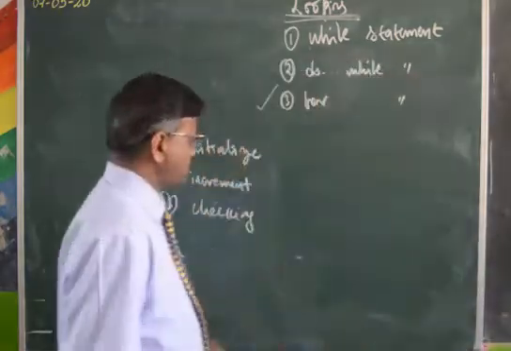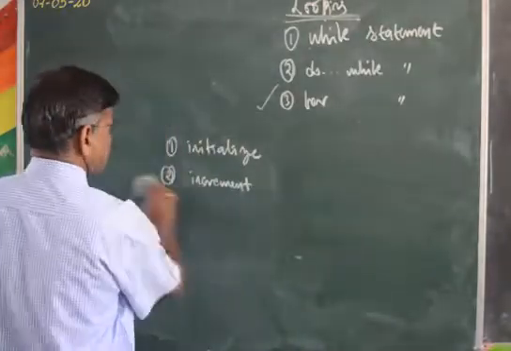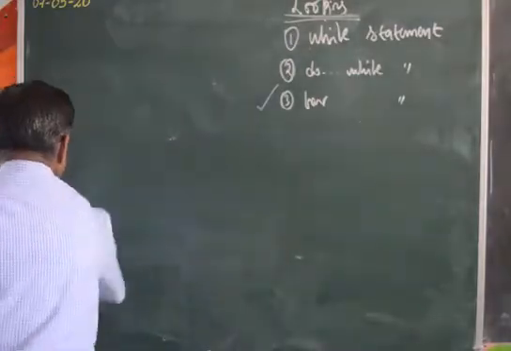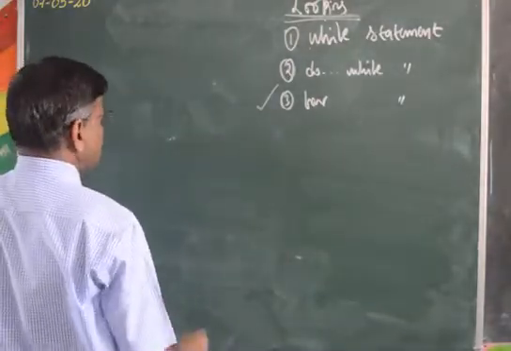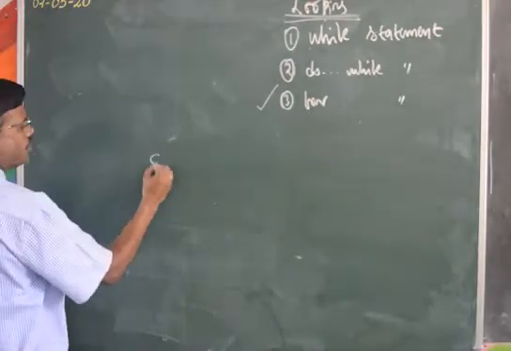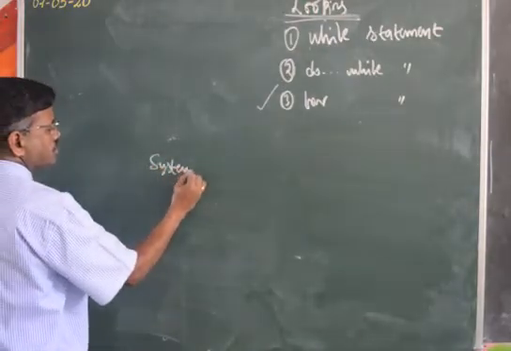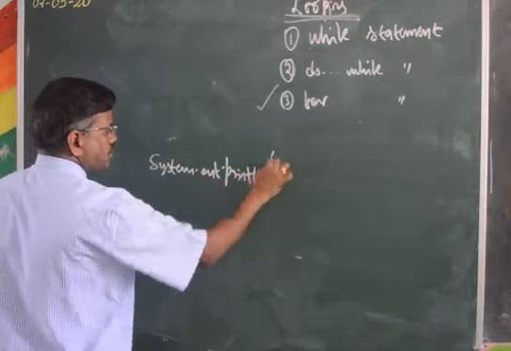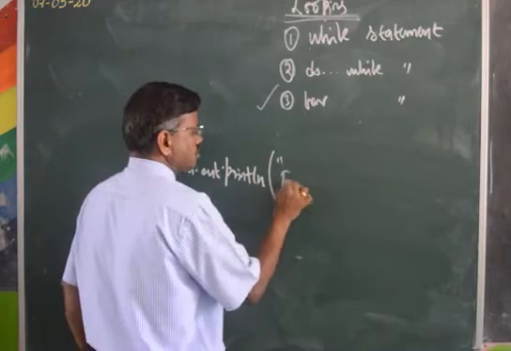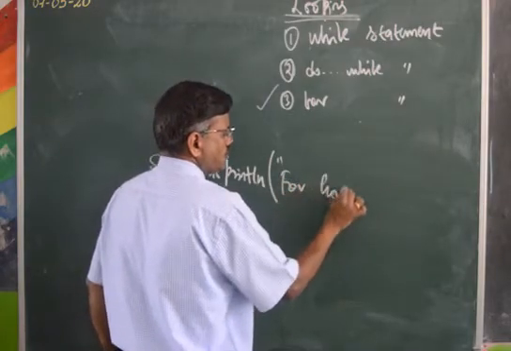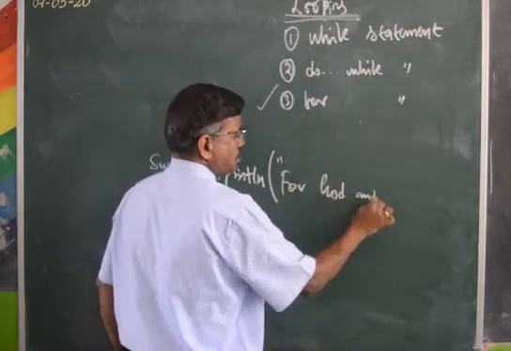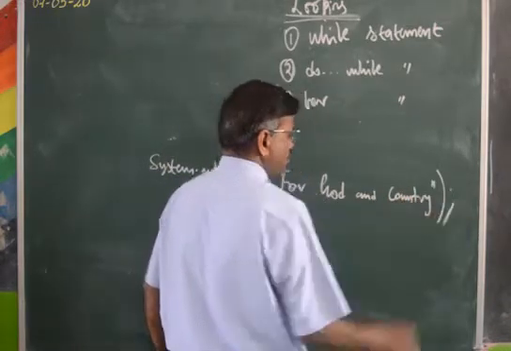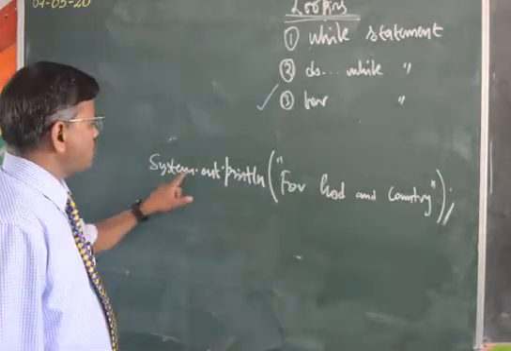So, I will take an example. I will let you know what it is. As all of you know, what does the statement System.out.println for God and country do?